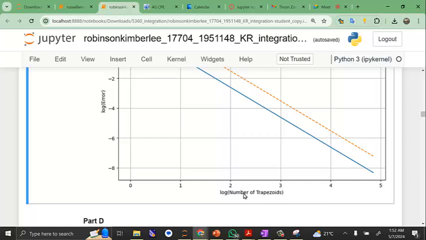Now, in fact, the number of trapezoids is inversely proportional to the size of h. We've seen h before in Taylor series, and that's the quantity that's shrinking down to 0. So here we have a power relationship. This tells me that there's a power relationship between the error and the number of trapezoids. And it also tells me there's a power relationship between the error and h.